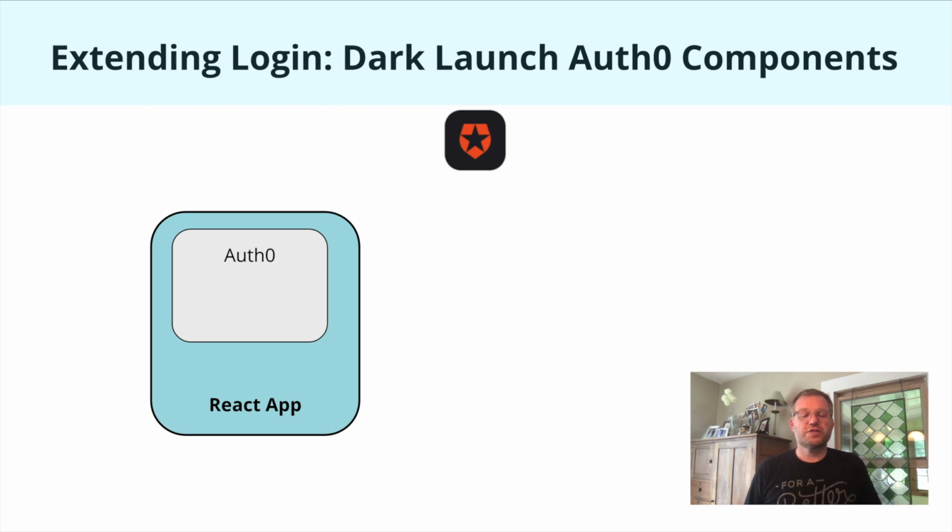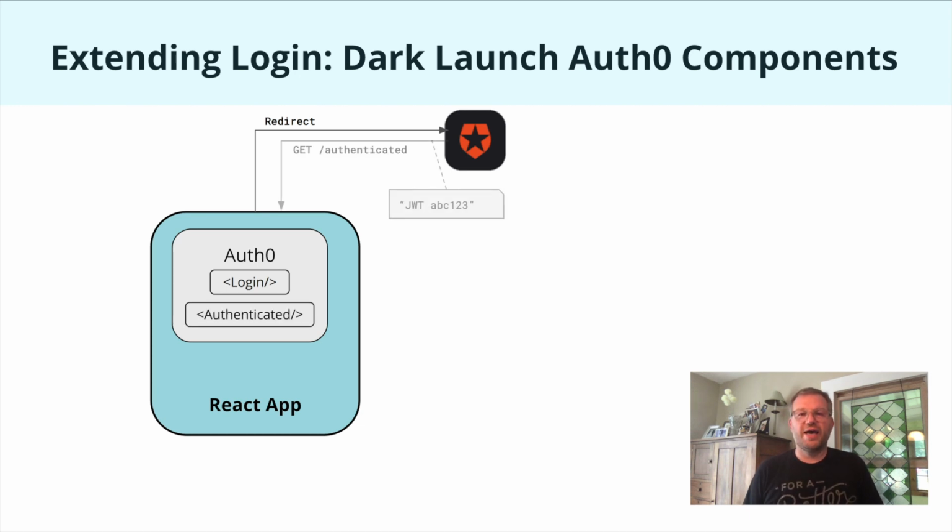So first couple of things that we needed inside our Auth0 components were a login that would allow us to redirect over to the Auth0 widget to let them log in. And also we needed to be able to provide a component for Auth0 to call back into. And that was the authenticated endpoint that we needed to provide.